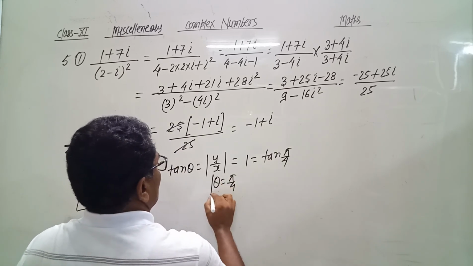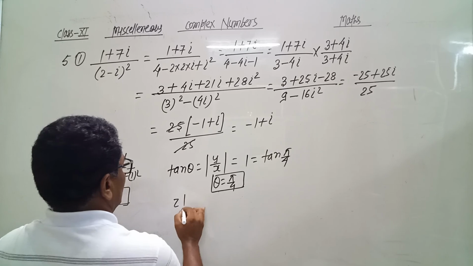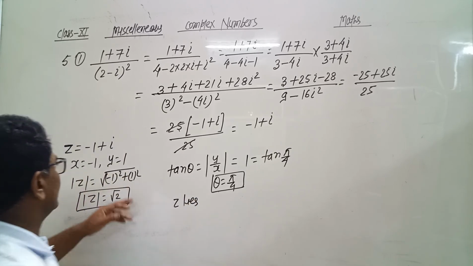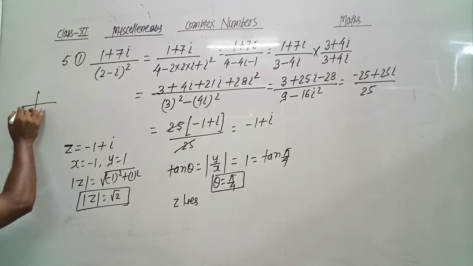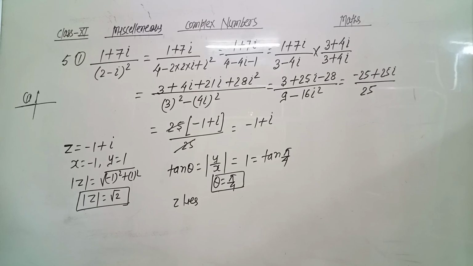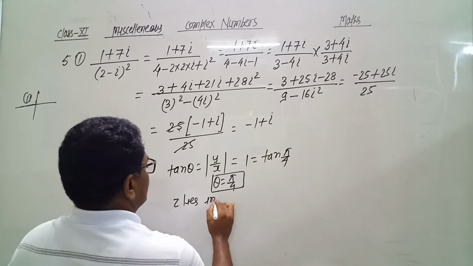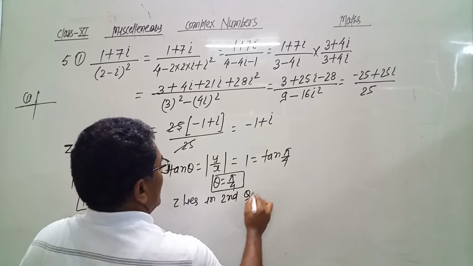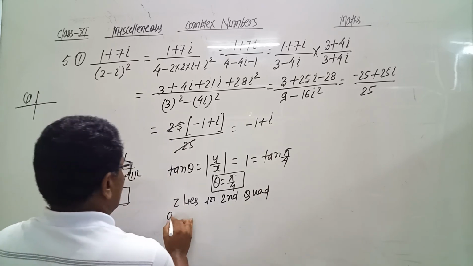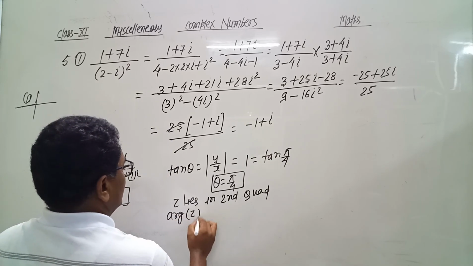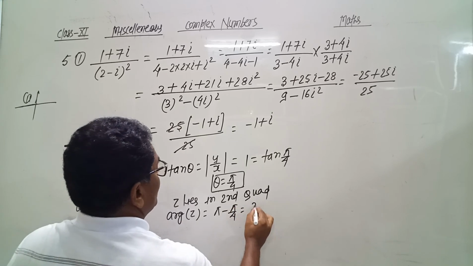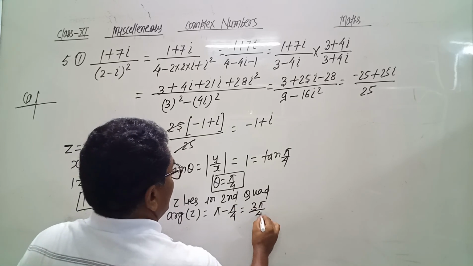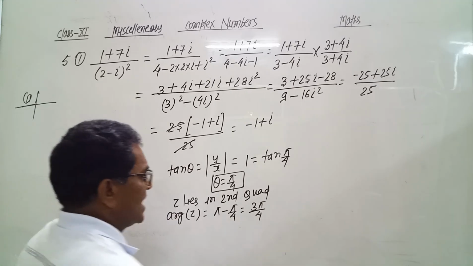The value of x is negative and y is positive, which means z lies in the second quadrant. For the second quadrant, the argument of z equals pi minus theta, so pi minus pi by 4 gives 3 pi by 4, which is less than pi.